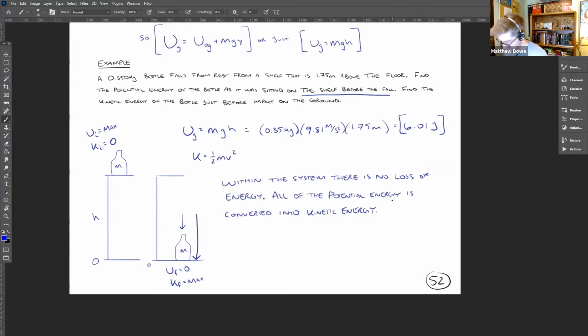So in this case, I could just say potential energy, the change in kinetic energy.